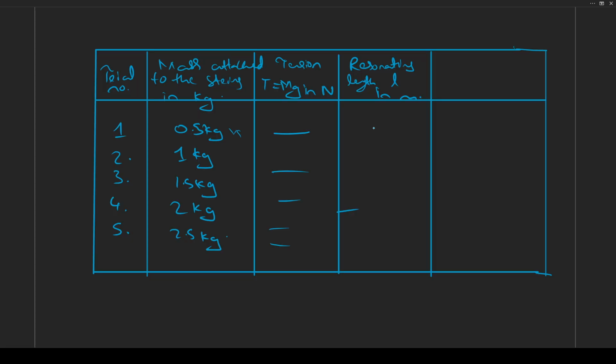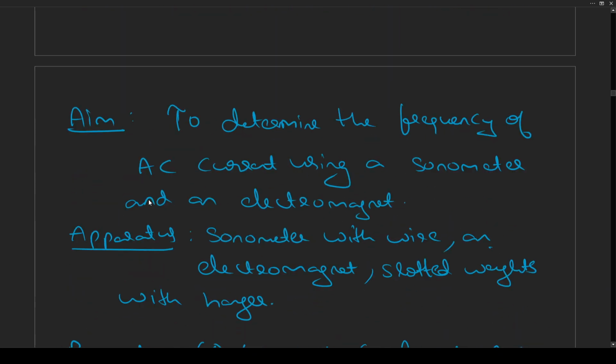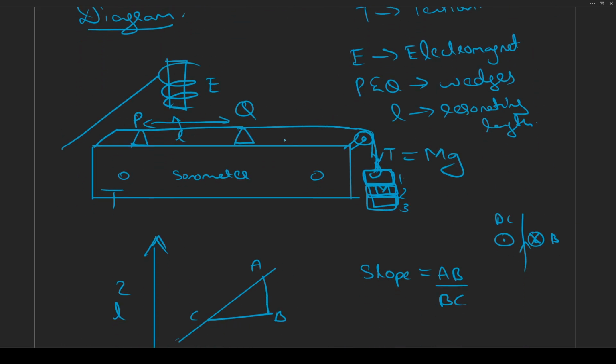Resonating length, we will understand this after we perform the experiment. If we see the diagram here, after we connect this electromagnet to an AC supply, and let's assume we added 0.5 kg of weight here, we will move these wedges to a separation of a certain length L, and we'll start to hear a very clear sound, a very large vibration.